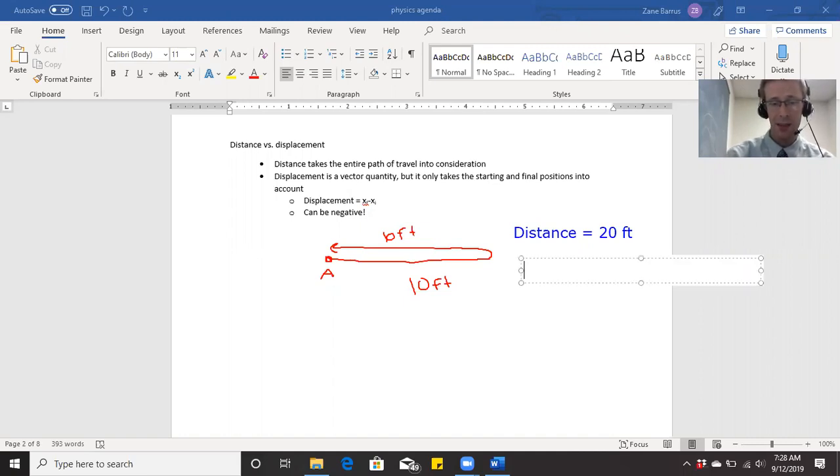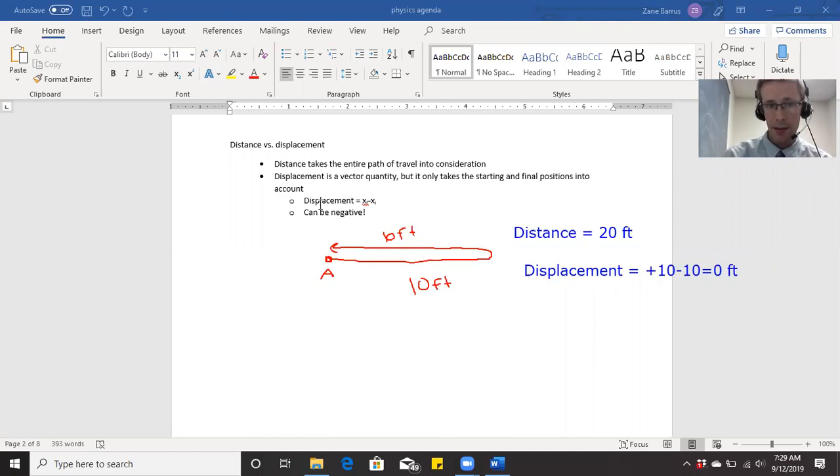So my displacement is equal to the positive 10 feet that I walked out minus the 10 feet that I walked back, because remember, displacement can be negative if you're going backwards. So my total displacement would be 0 feet, okay?